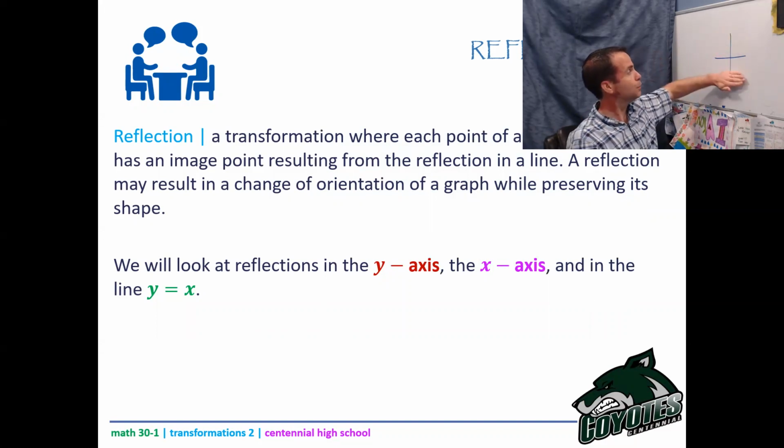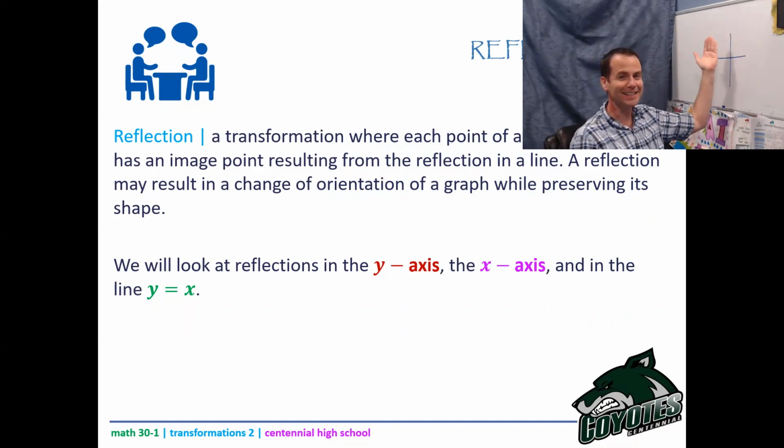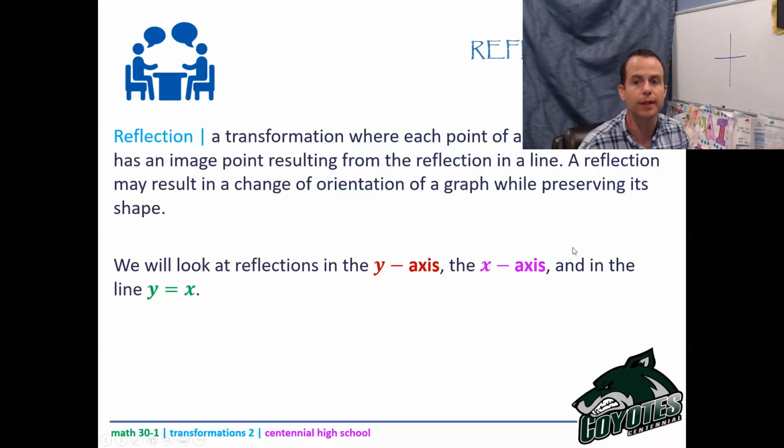If I move vertically, I'm doing it against the x-axis. If I move horizontally like that, I'm actually doing a horizontal flip against the y-axis. So you have to be super careful about those.